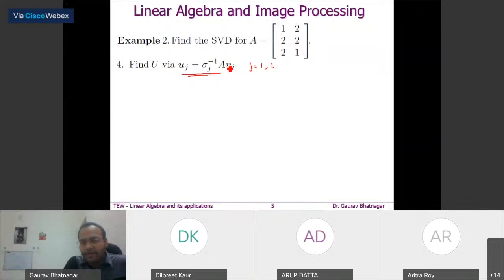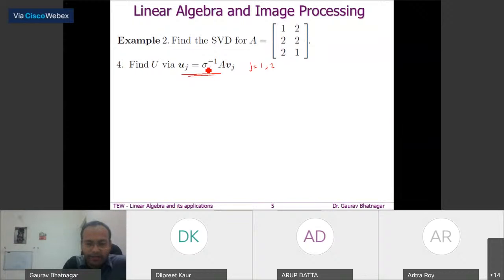With respect to V1, you get U1, and when you plug in j equal to 2, with respect to V2, you get U2. So you take one vector as input and get one vector of your matrix U as output. It is like give and take, where you give a vector as input and get another vector, and that vector is associated with matrix U.